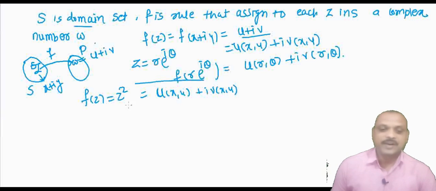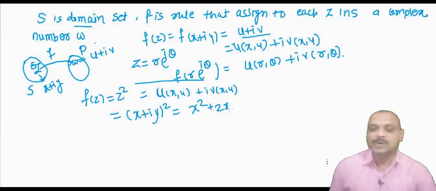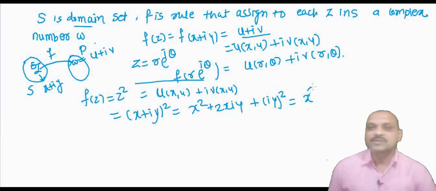Then z square is equal to z, where z means x plus iy, whole square. So expanding this, x square plus 2x iy plus iy whole square. So this is equal to x square plus i square y square, and i square means minus 1. So this will be x square minus y square plus 2 into i x y.